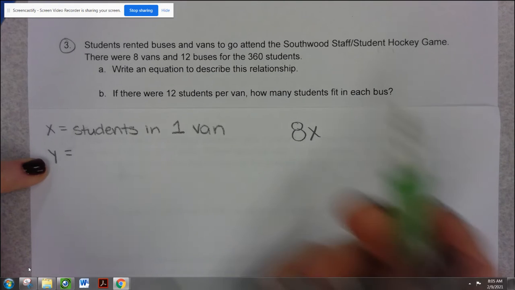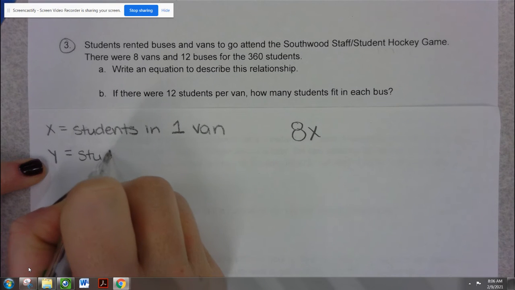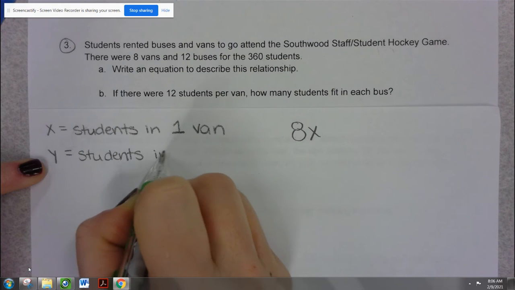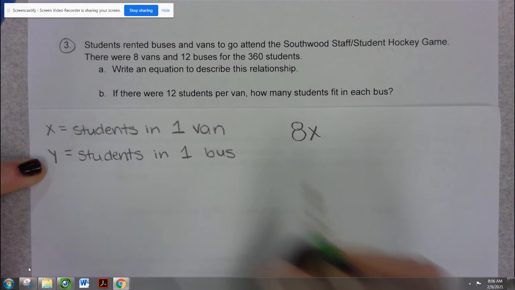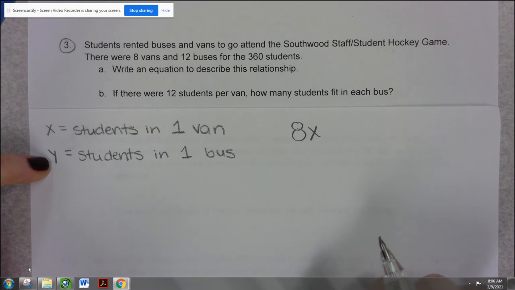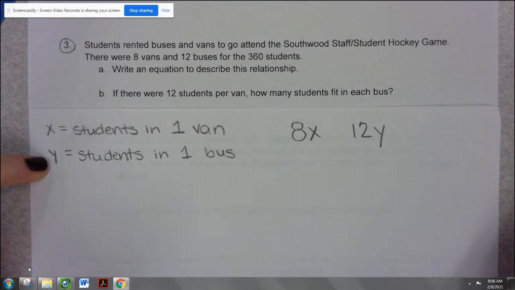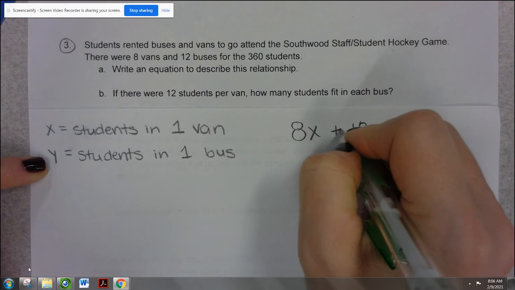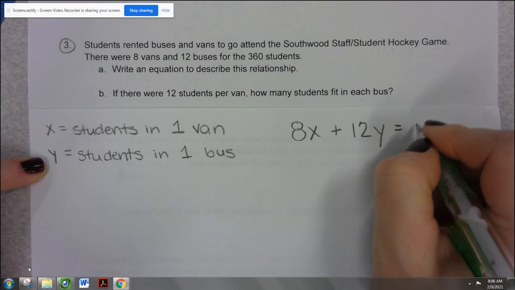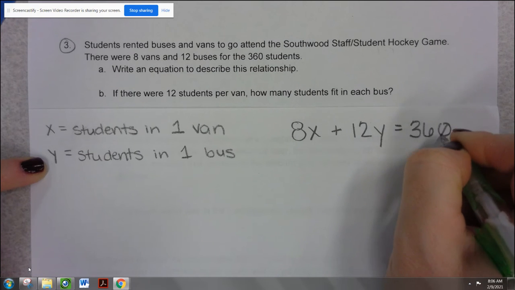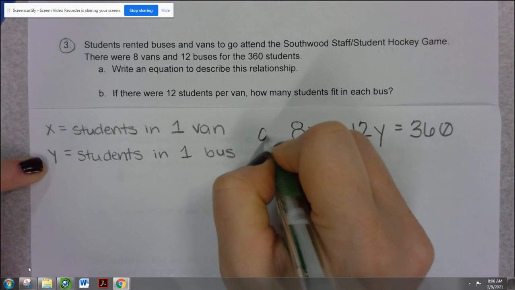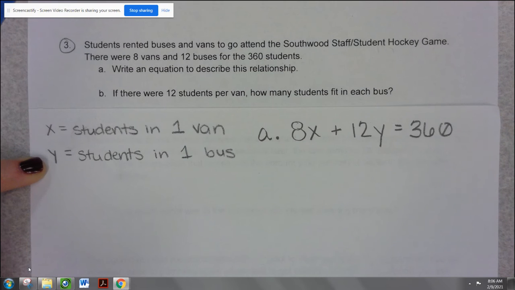And I'm going to do the same thing for Y. This is going to be students in one bus. So if Y is the number of students in one bus, 12Y would represent the students in all of the buses put together. And if I combine these together, I have to get those 360 students into the buses. So this would be part A. That is my equation. And that is standard form.